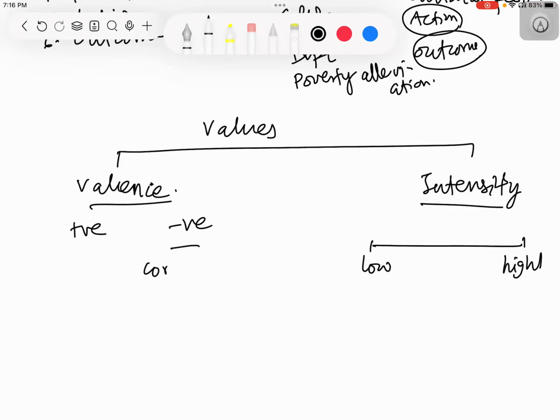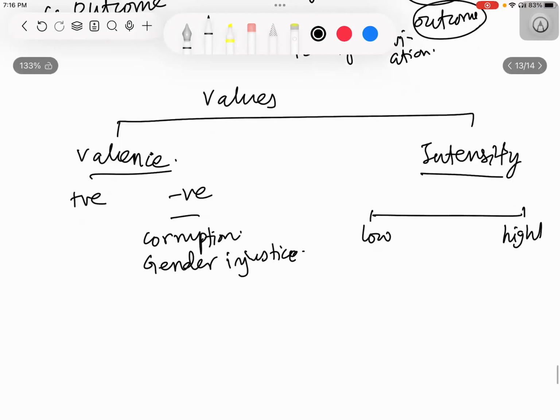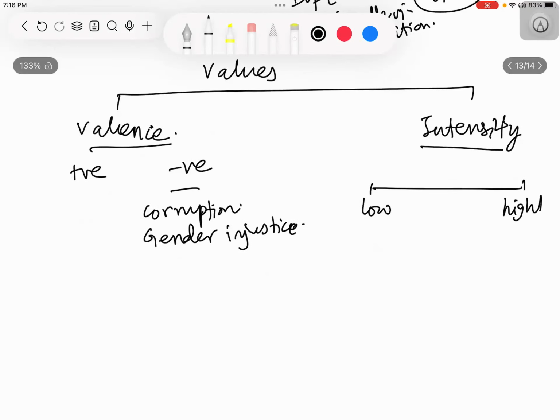You can say corruption has negative value, money laundering has negative value, gender injustice has negative value, right. Some people also might have negative values towards justice also. Criminals would have negative value towards justice, right. Similarly, the value can also change in intensity. So in general, we will attach some higher value to some things and lower value to some other things.